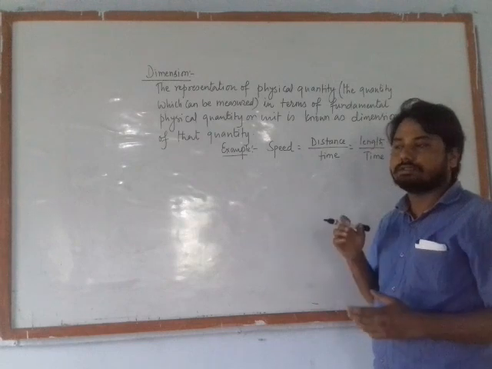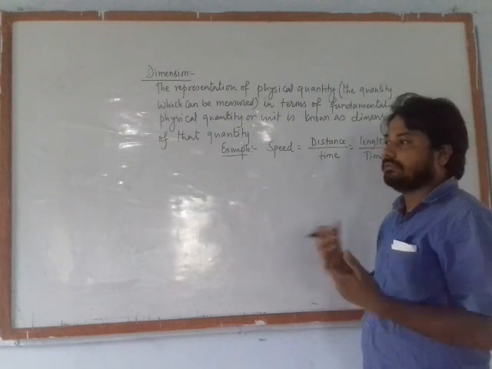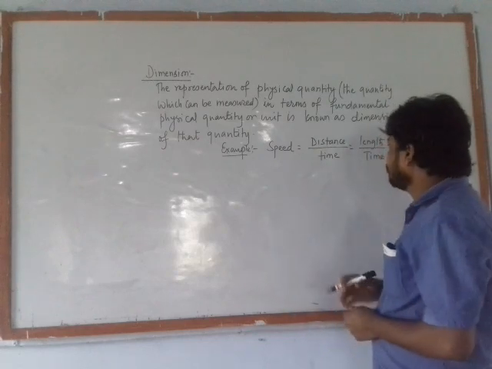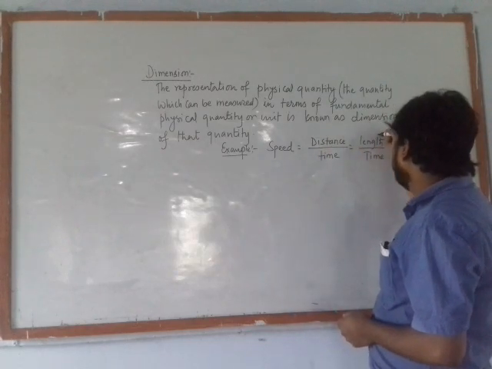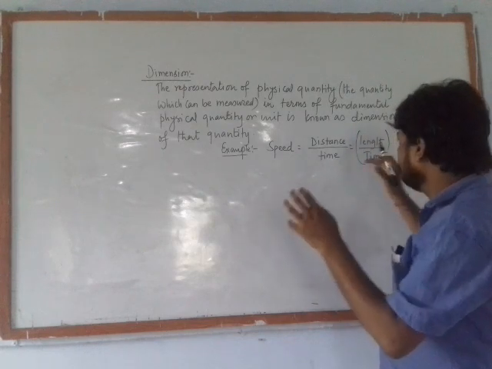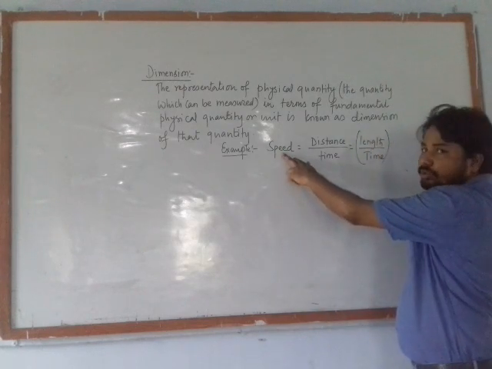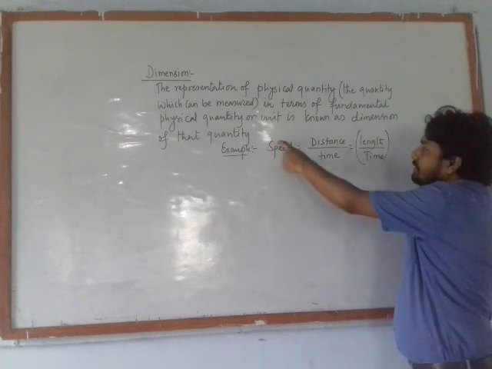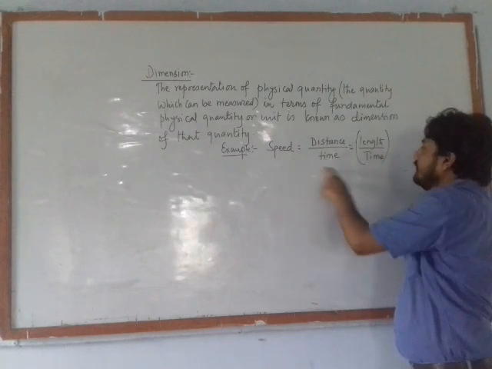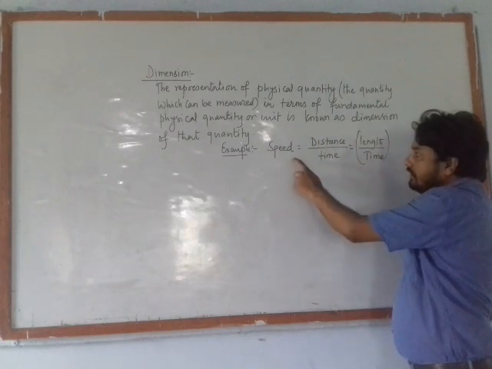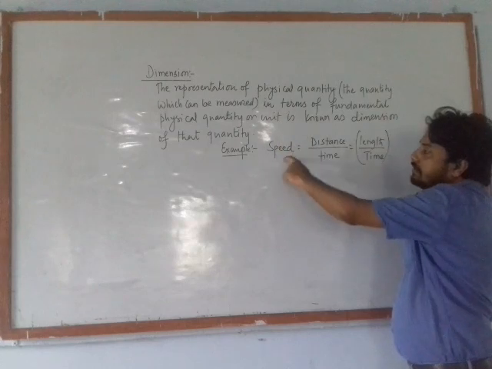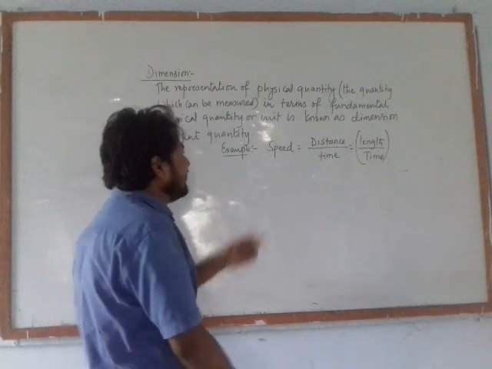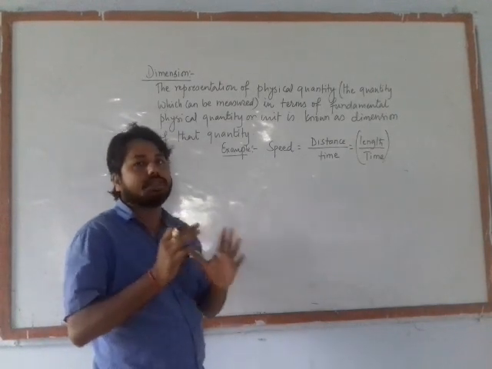They have to be represented in the same units, like either meter or centimeter or kilometer or millimeter. So distance is ultimately length. So length by time. I mean to say speed has two fundamental physical quantities: one is length and one is time. If the speed can be represented in terms of this length and time, then the representation is known as dimension of speed. But whenever we write the dimension, we have to give the specific notation.